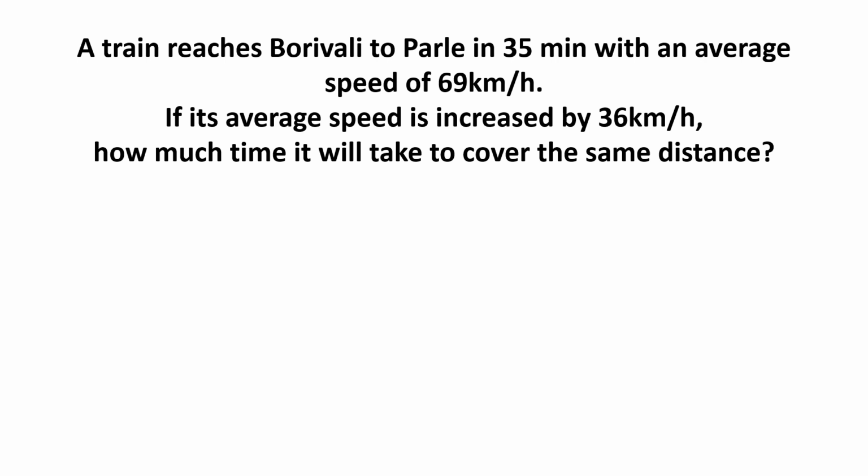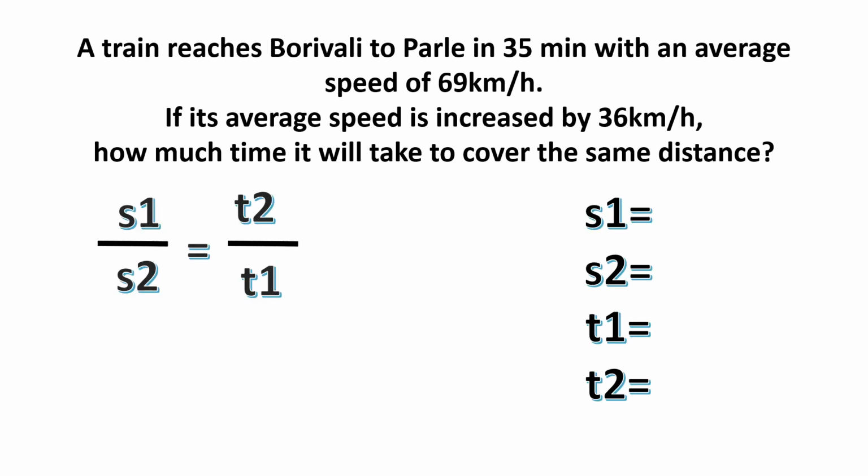I will tell the solution now. As you know, S1 by S2 is equal to T2 by T1, and we need to find all these 4 quantities here. Now S1 I don't know, S2 I don't know. Let's read the question. A train reaches Borivali to Parle in 35 minutes. Let's say it is T1. With an average speed of 69 km per hour. This is S1.